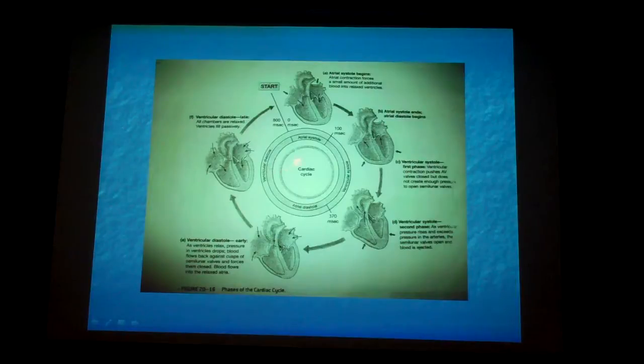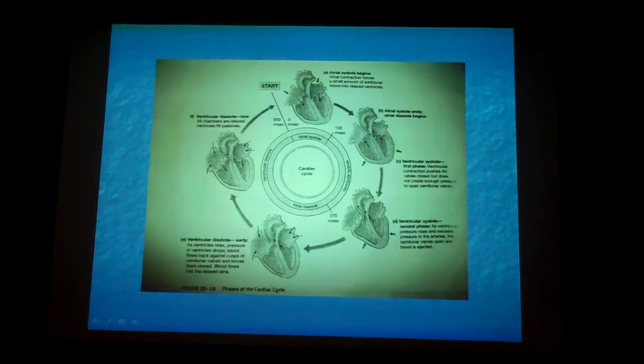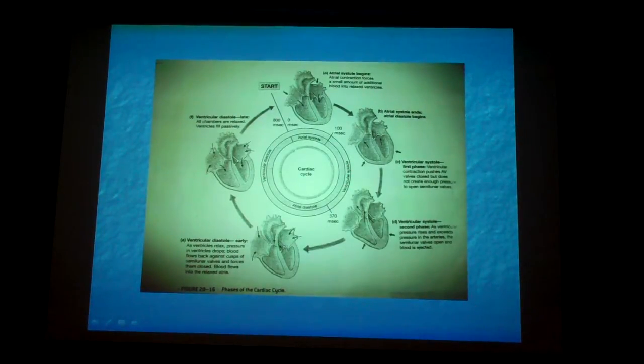Now let's move to the outer circle. Atrial systole stopped here. Now they're resting. And right here, what's happening? The ventricles are contracting, aren't they? This is ventricular systole. Now, does this ventricular systole last all the way around here?